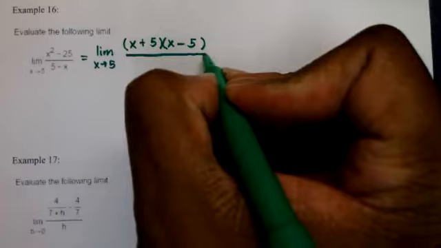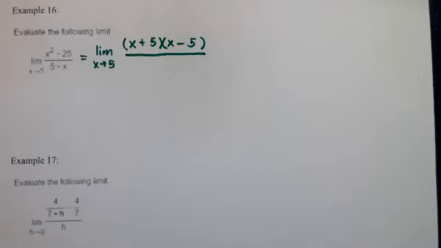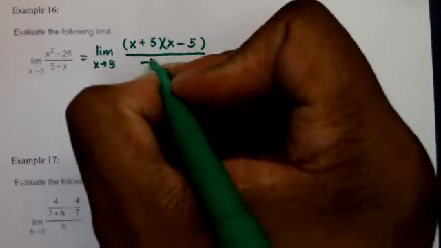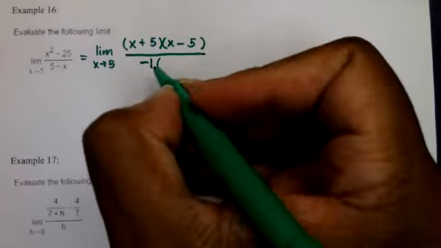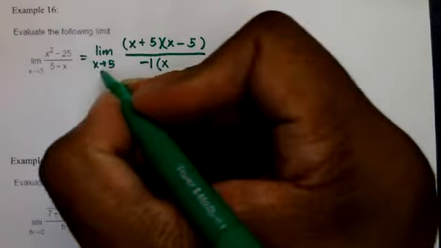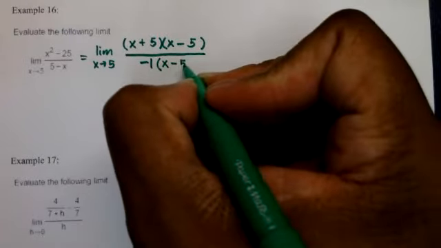The denominator has 5 minus x. And if I want that to be x minus 5 or x plus 5, what I need to do here is factor out a -1. When I do that, the minus x becomes a positive x. The 5 becomes minus 5.